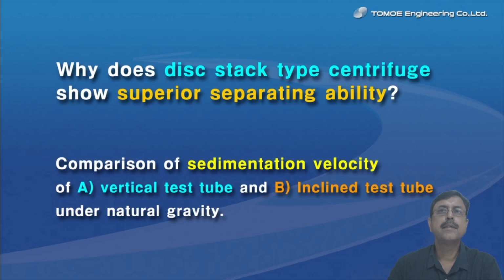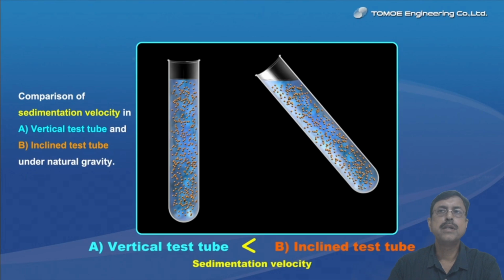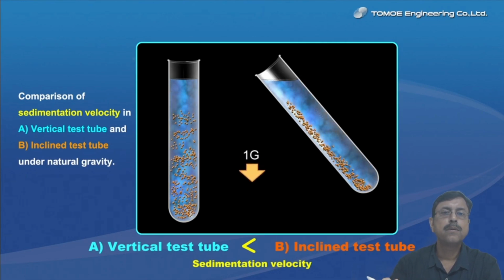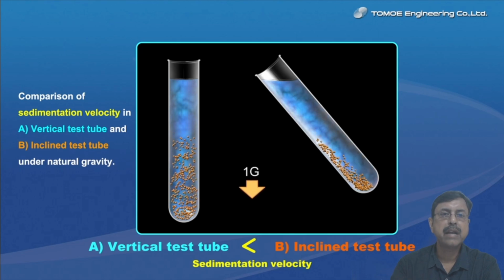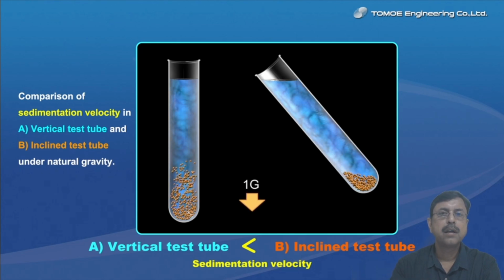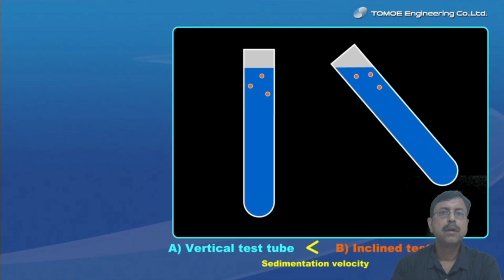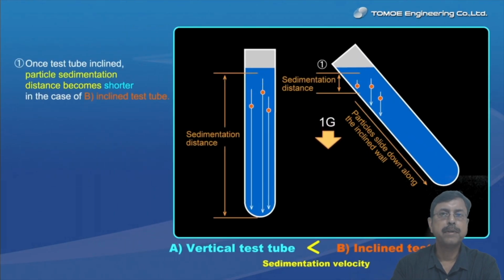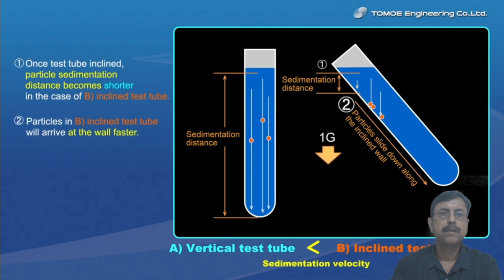So this is a video by Tomo Engineering Company Limited. You can see for a gravitational force of attraction, it acts on both vertical and inclined tube. But for inclined tube, the sedimentation rate is faster than the vertical tube. Okay. For a vertical test tube, it takes a lot of time.